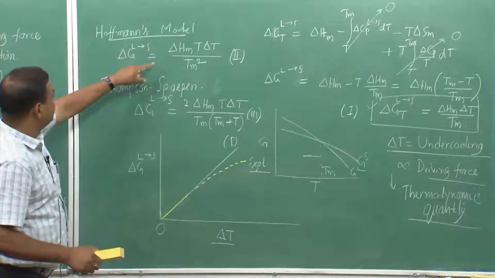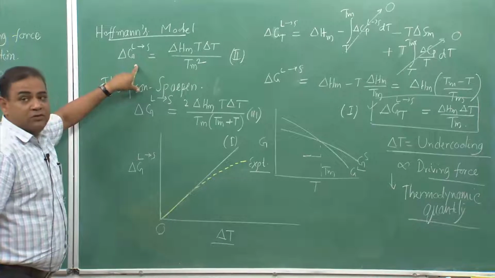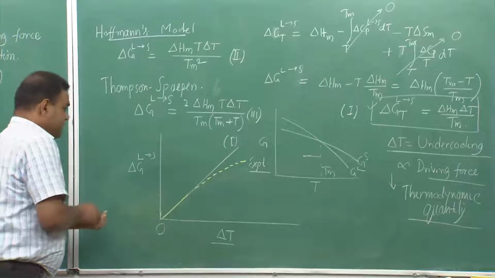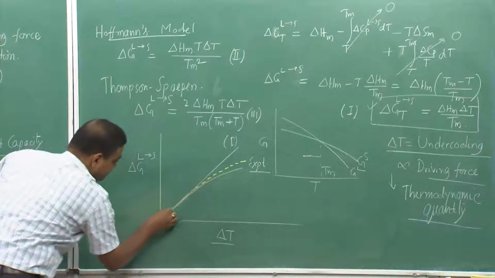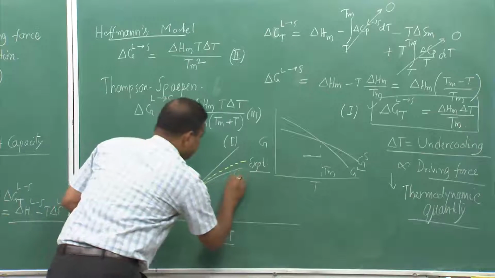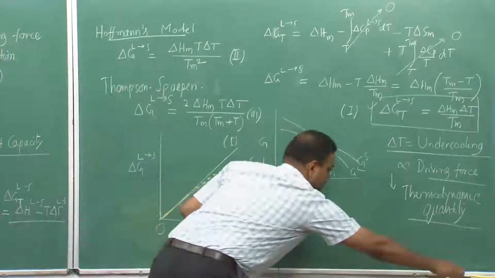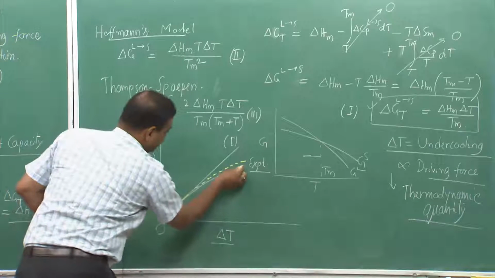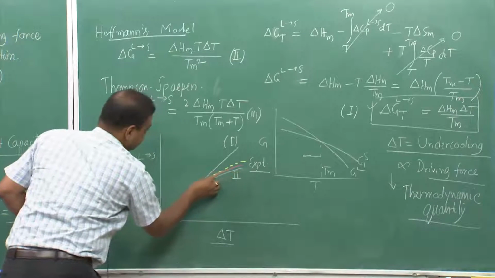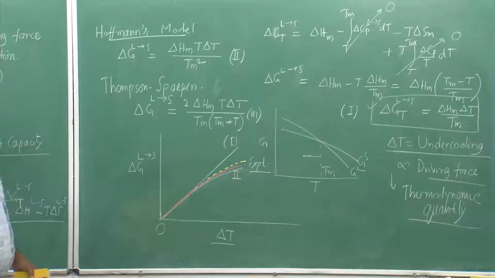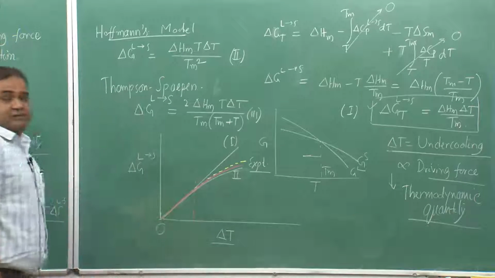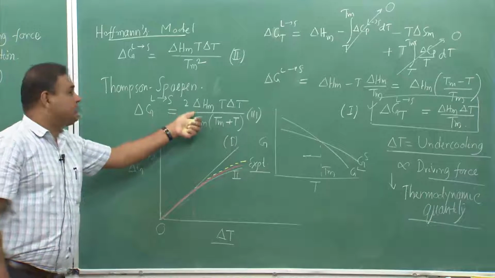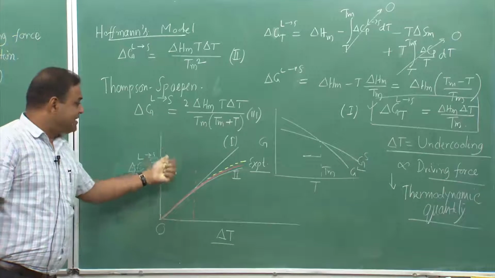Now, if I try to plot these model values of del G, the plot would be like this for expression 2, and if I try to plot this one, it could be like this.